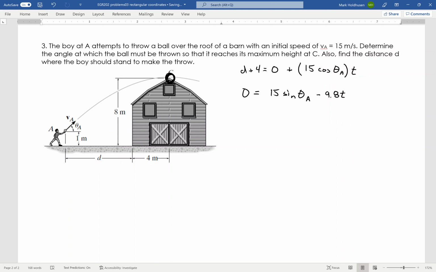So this is my velocity in the y direction, plus my initial velocity in the y direction, minus, well, we'll just call it gt. That's where this equation is coming from.